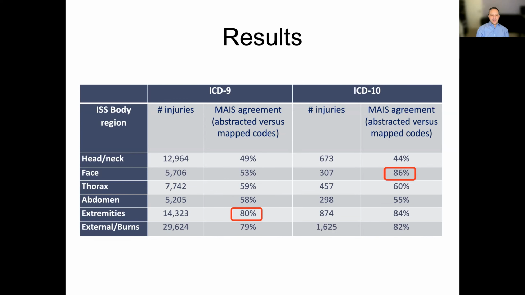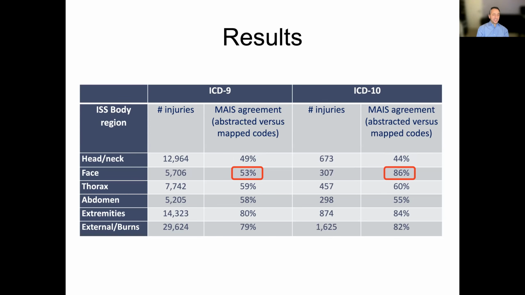You can see here that the highest percent agreement was face for the ICD-10 codes, 86%, and extremities for the ICD-9 codes at 80%. The lowest agreement was actually head and neck in both of those. And I can discuss later, if we have time, a hypothesis as to why that's the case.